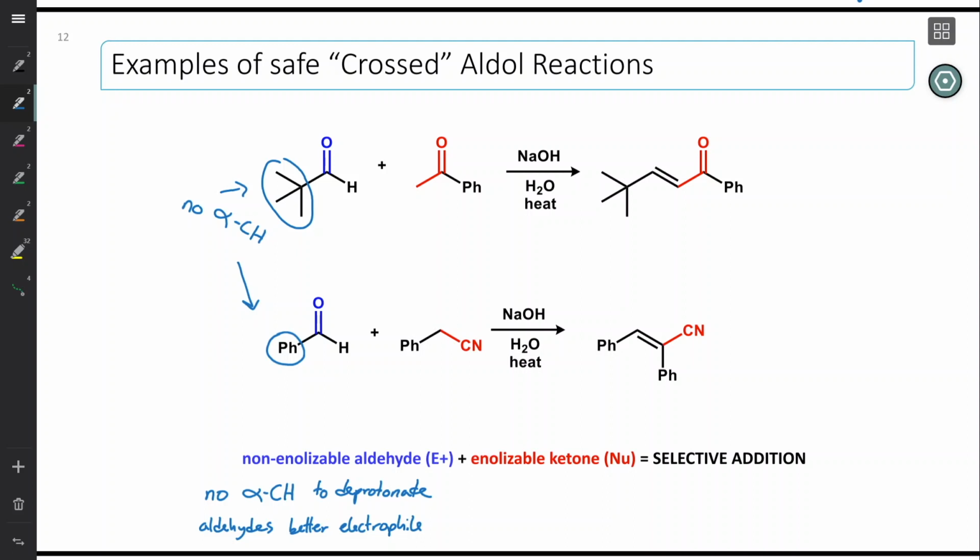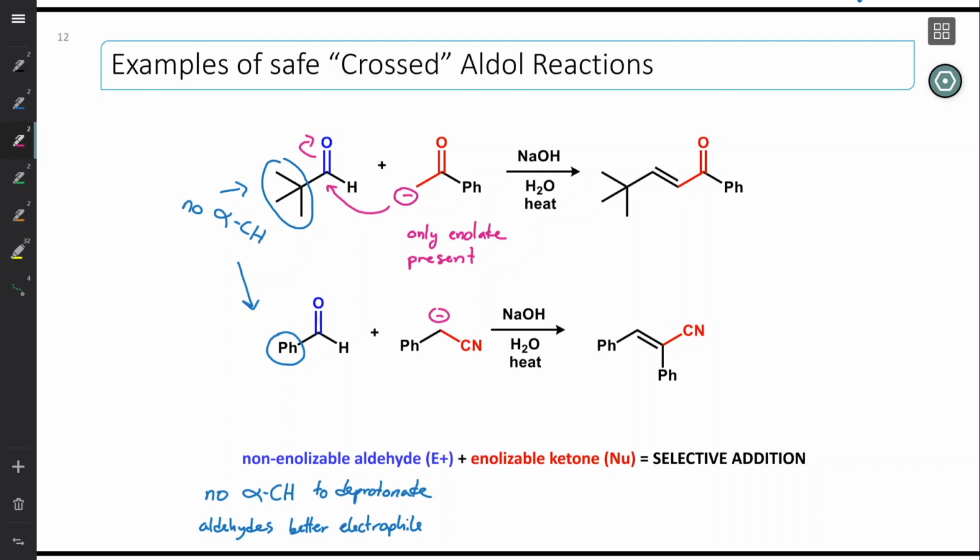So what else is in the pot? This will be an enolizable ketone, and so that's going to be the only enolate present. So that can pretty safely do the addition this way.